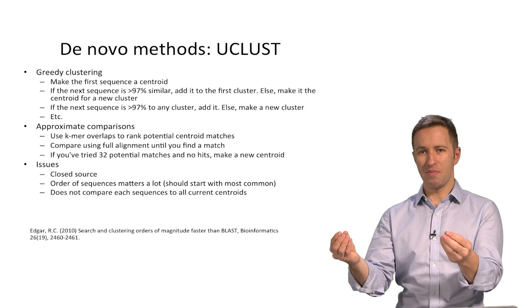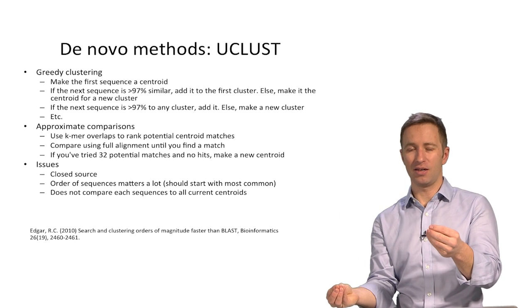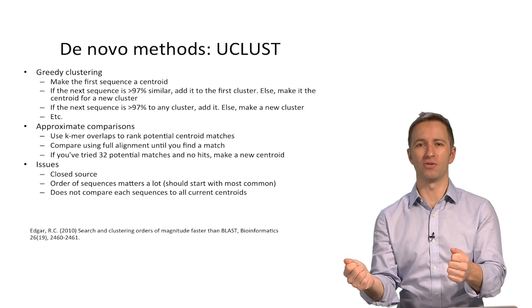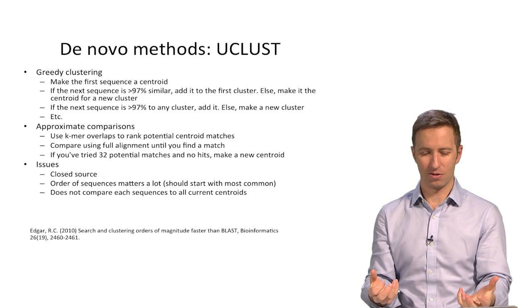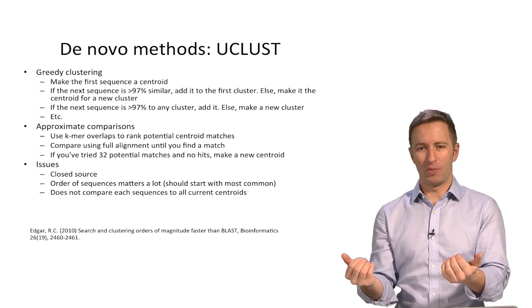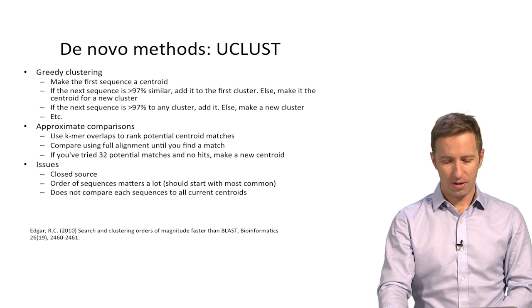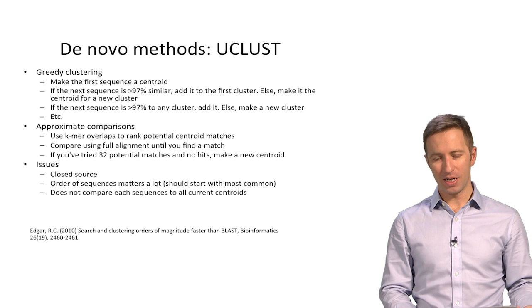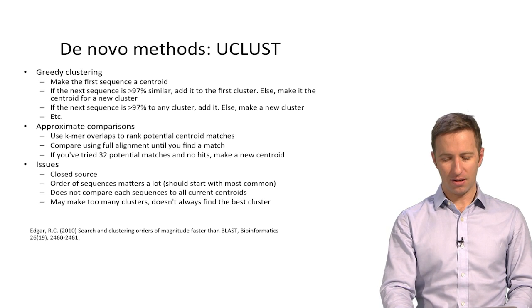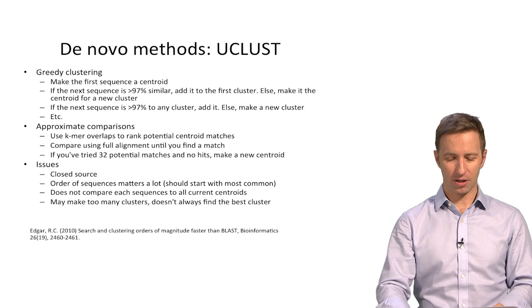So a sequence may in fact match something in the current OTU clusters at 97%, but we didn't find it because we're doing this approximate approach. So this means that you can make too many clusters, and sequences won't always go to the best cluster.